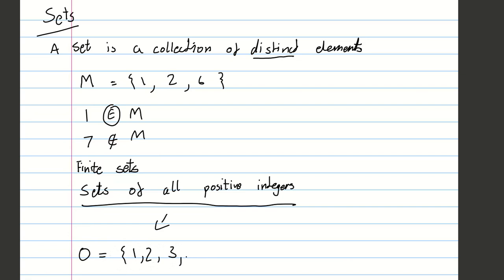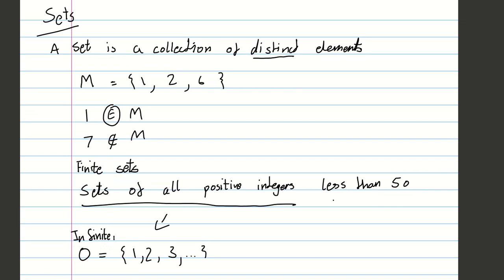This is our infinite set, because positive integers can go on forever. And if you put a range on it, in this case we can do less than 50. The set of all positive integers less than 50. So O is our infinite set.